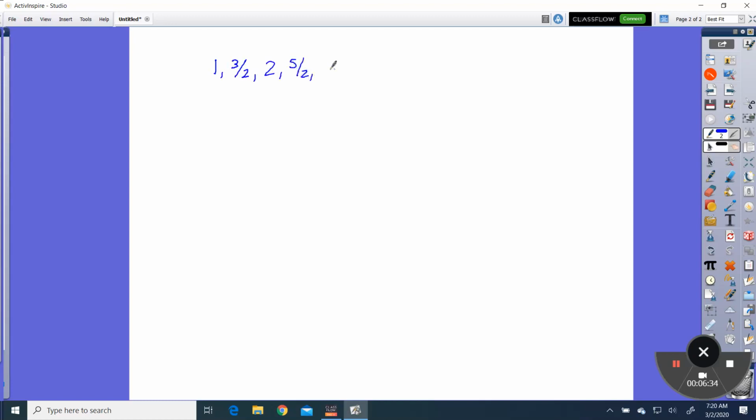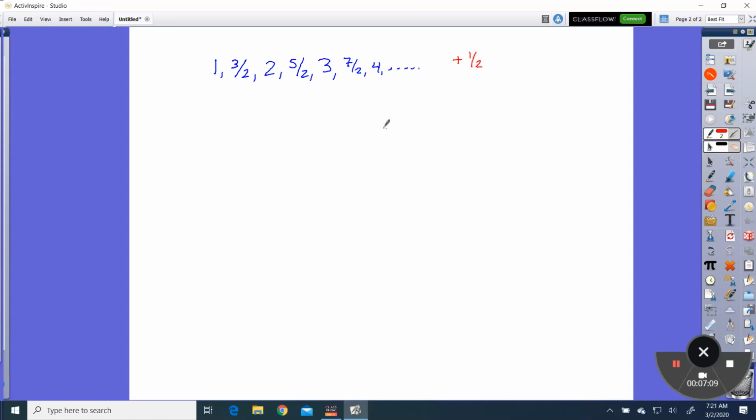Didn't say it's easy, I just said it's easier than some of the ones I could come up with. So that's the pattern. Can you see what the pattern is doing each time? Add halves.